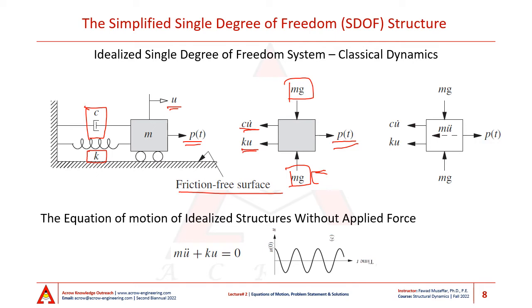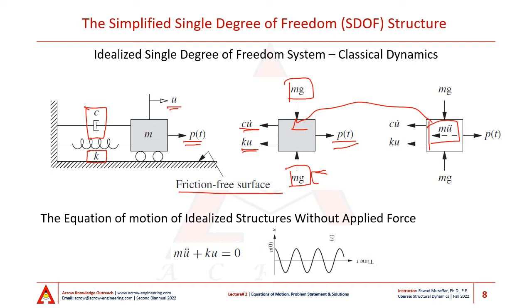In addition to all of the above forces, from Newton's second law, we know that if there is an acceleration, there will be an inertial force in the mass, and this inertial force is what is shown here in this figure on the right.